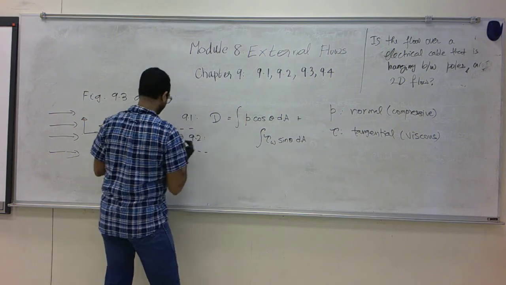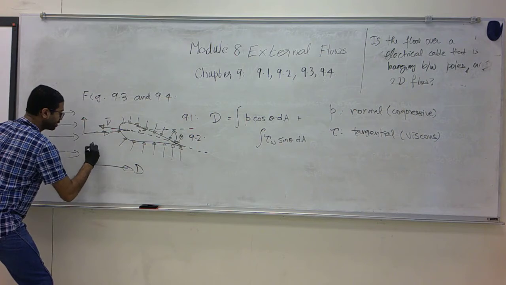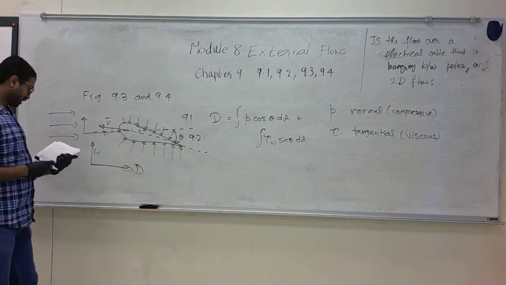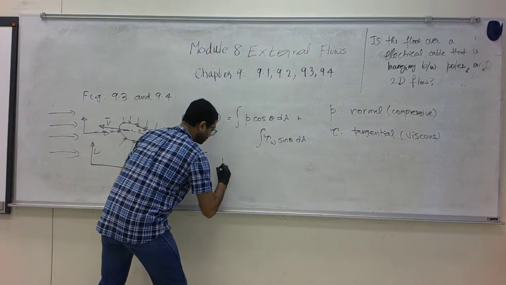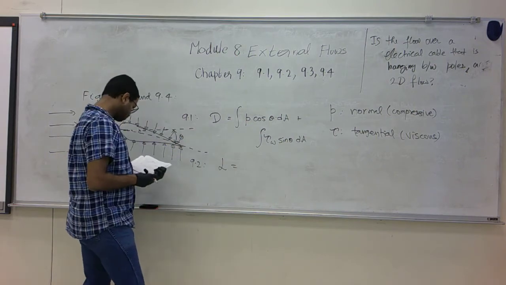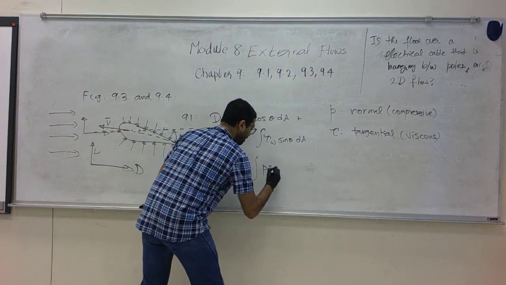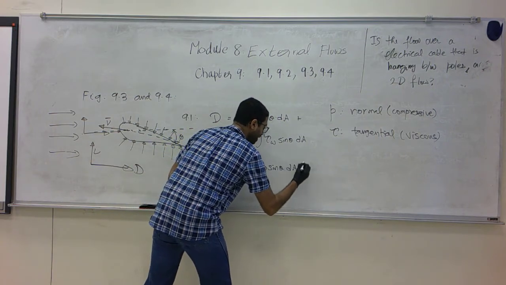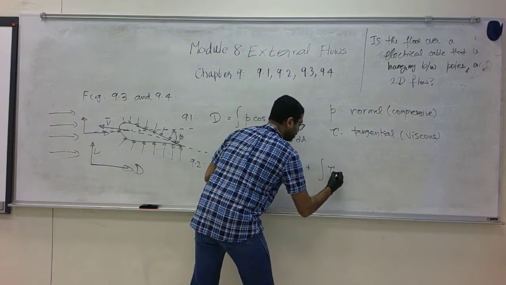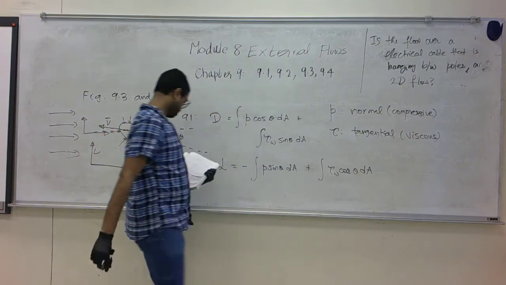This is the drag force in this direction and the lift force in this direction. And the lift force, which is equation 9.2, is minus P sin theta dA plus tau W, or wall shear, cos theta dA.